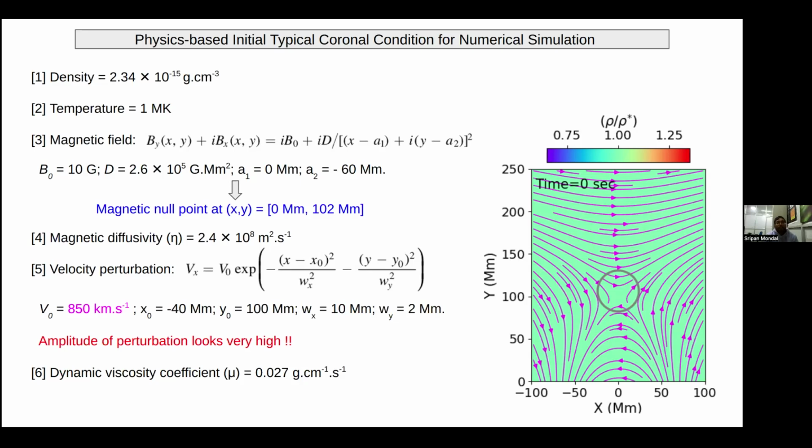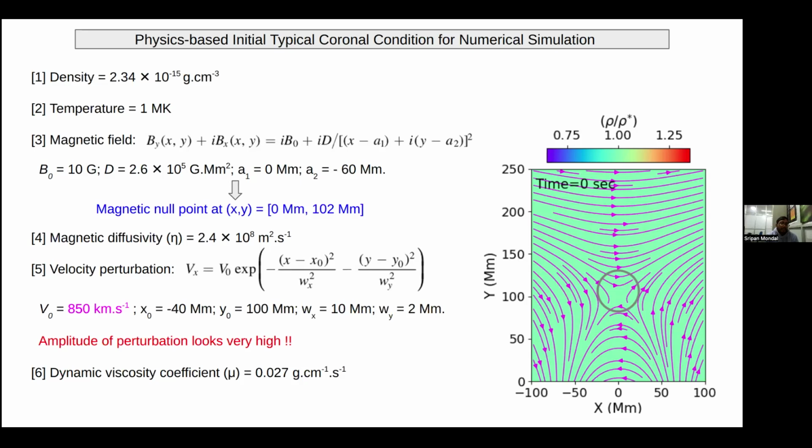Now, to perturb our initial equilibrium setup, we use a velocity perturbation which is Gaussian in nature, and here are the parameters for this Gaussian perturbation. But if you look at this V0 value, which is 850 kilometers per second, it shows that it is very high as far as the corona is concerned. I will come to this point in a later slide, explaining why I have taken this much higher value.